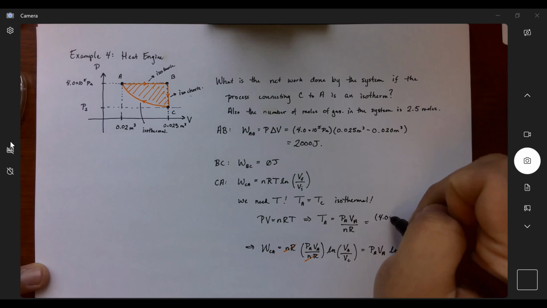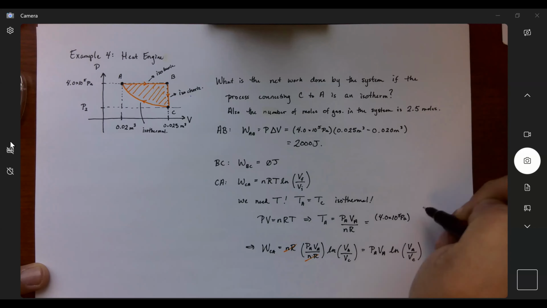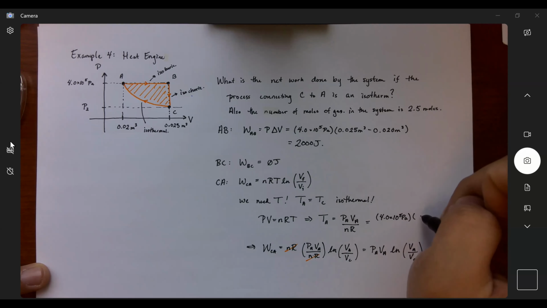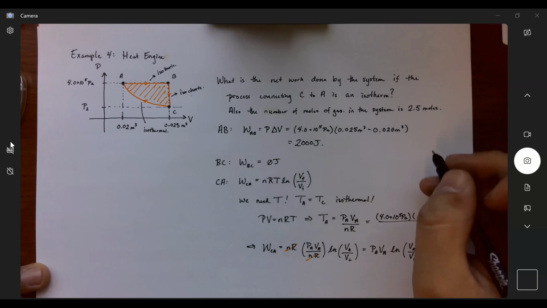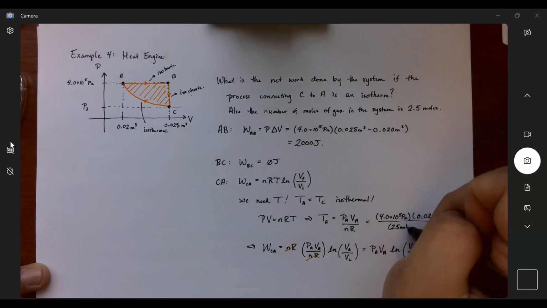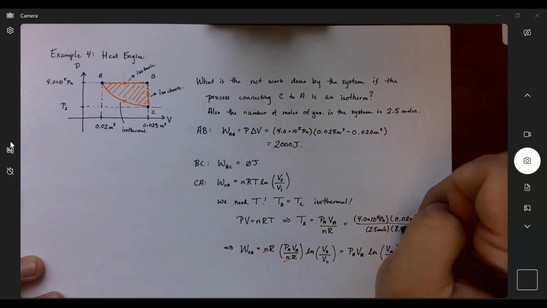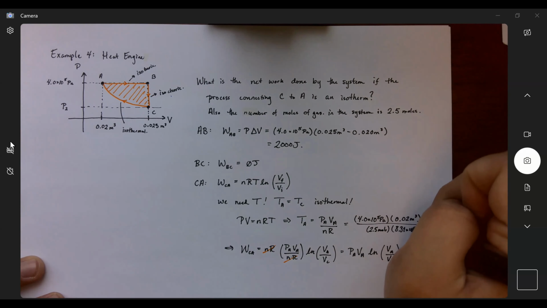It should be 4 times 10 to the 5 pascals times the volume, which is 0.02 cubic meters, divided by 2.5 moles times 8.31.